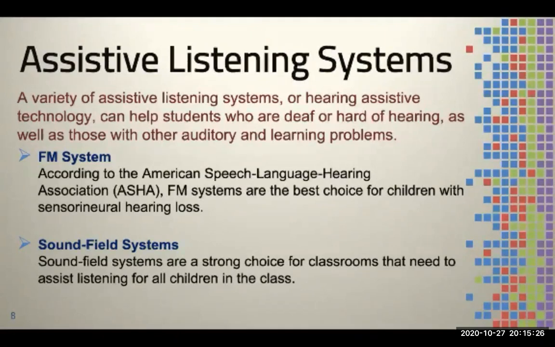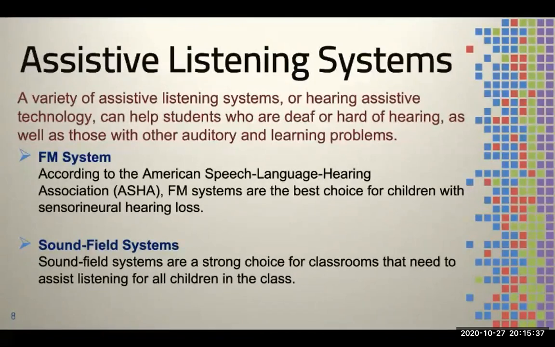And the best one is the FM system. How does it work? FM systems work using radio broadcast technology with a transmitter microphone and a receiver. The teacher and student can maintain a consistent sound level regardless of distance and background noise. Additionally, ASHA notes that the hearing aid microphone can be turned off so the student can concentrate on the teacher alone.